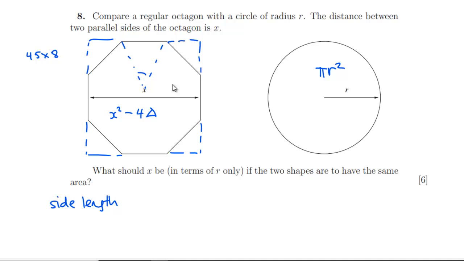Let's say it was y. These are all 45 degrees. So that's going to be y root 2 over 2. So we're going to have y plus root 2 y, side length y, and y times 1 plus root 2 will be the width, x.